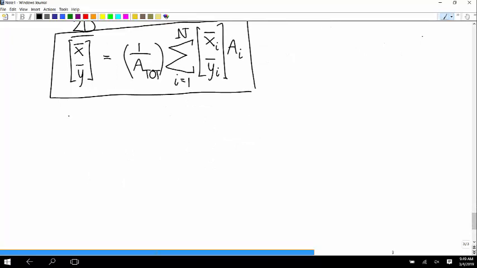And then also in 3D, it's what you would probably come up with if you had to come up with a sum formula.